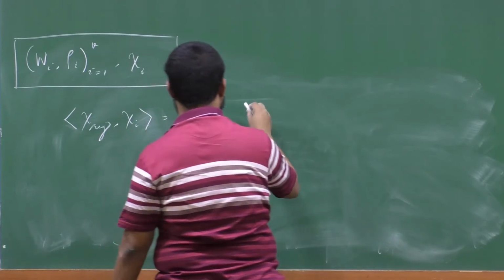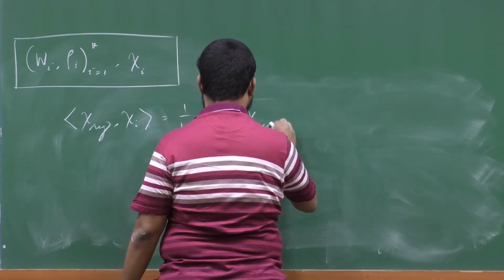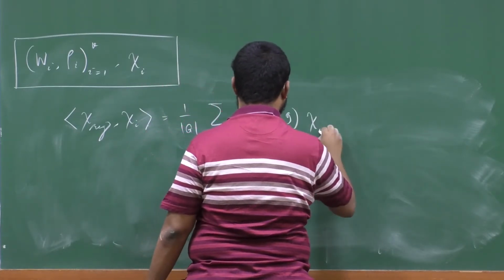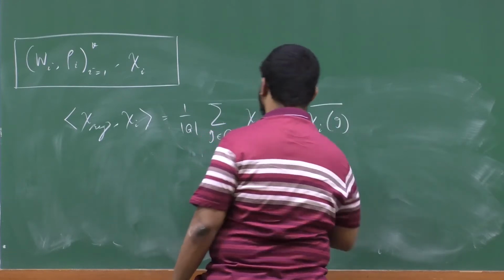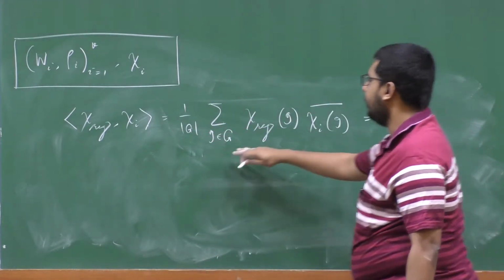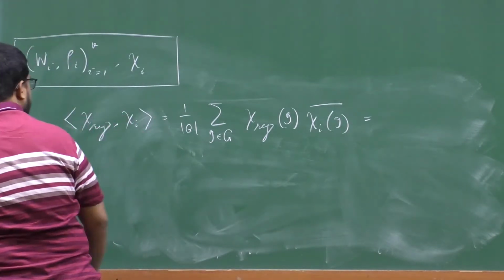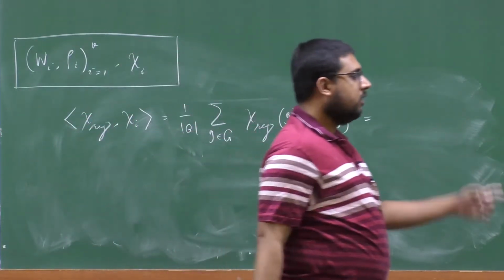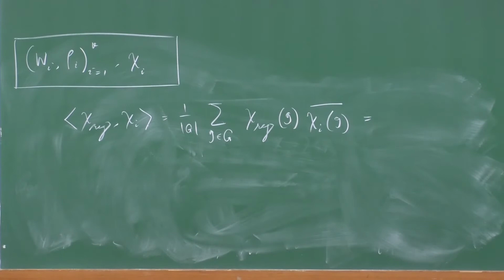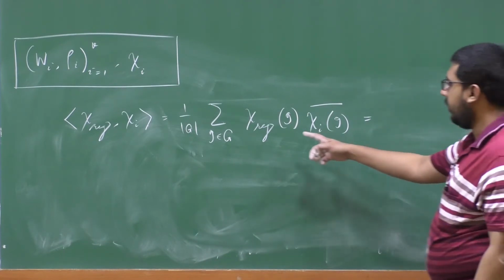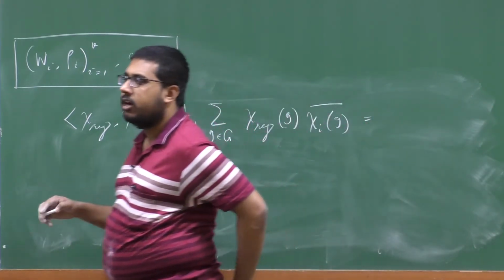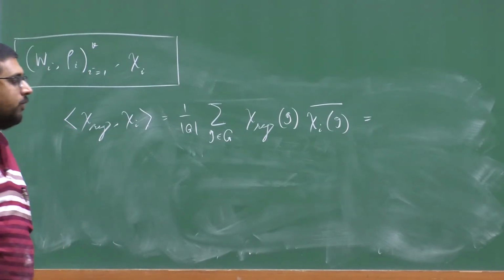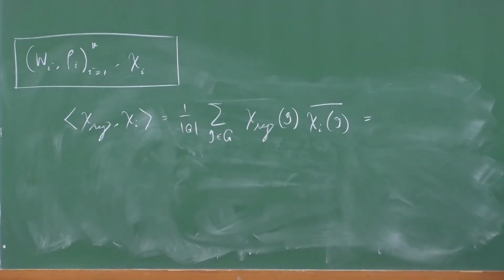What is this? So, this is chi reg G, chi I G bar. Now, as far as this sum is concerned, you see, apart from the term corresponding to G equal to identity, all other terms have to vanish in view of this, right.